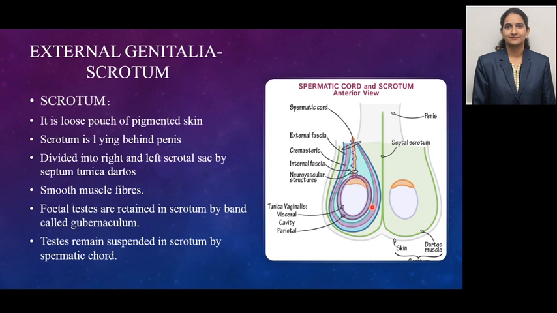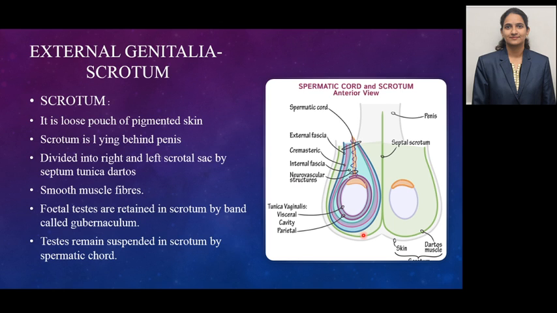Again, the fetal testes are retained in the scrotum by a band called gubernaculum, while testes remain suspended in the scrotum by the spermatic cord. See, this is the spermatic cord by which testes remain suspended in the scrotal sac.